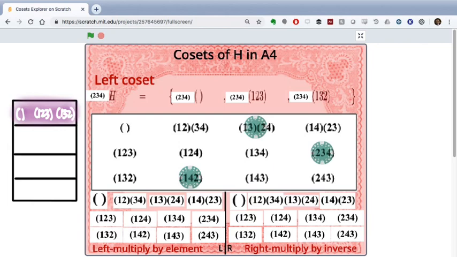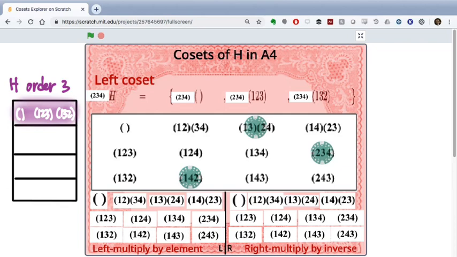Right? And that's a subgroup. It's a subgroup of order 3. But what I'm asking you right now is, what do you notice about this left coset? So the left coset is what I got by multiplying all these elements on the left by (2 3 4). And I get a set that has these elements in it. What do you notice about that set?